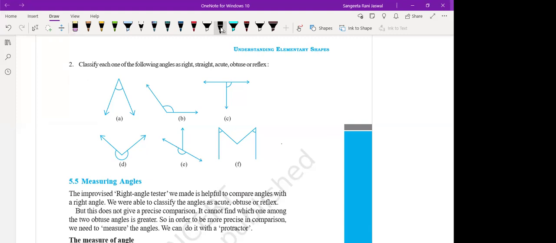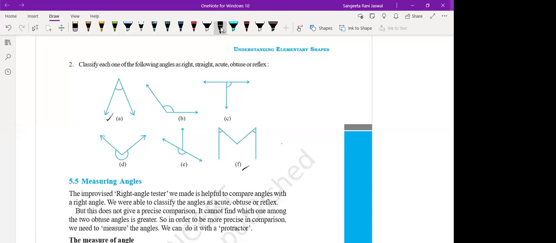You said acute. Okay, what is this angle? F part. What angles are these, Neha? These are acute angles.